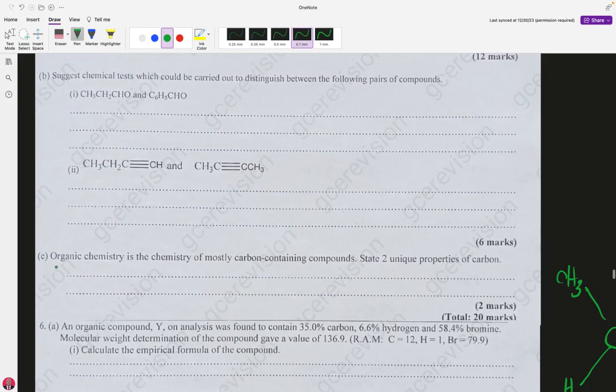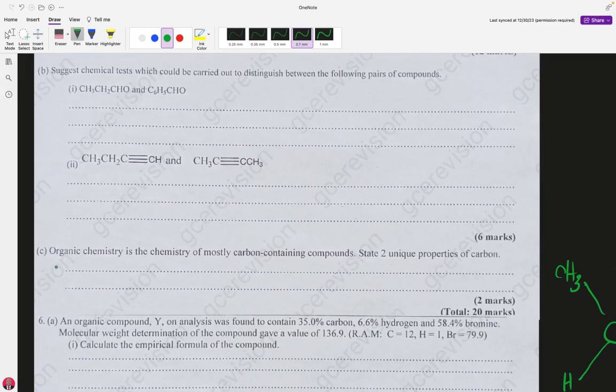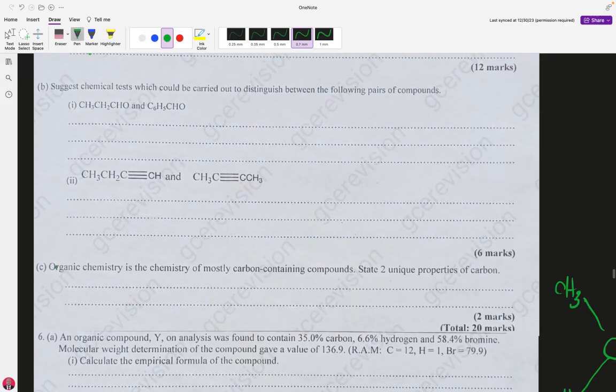Question number C says, organic chemistry is the chemistry of mostly carbon-containing compounds. State 2 unique properties of carbon. That's good.